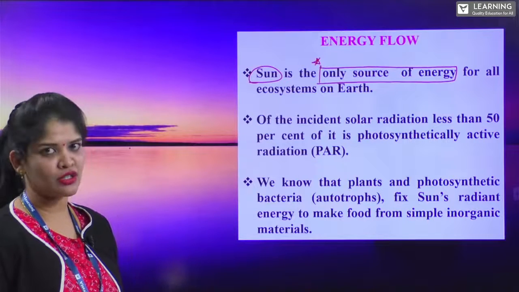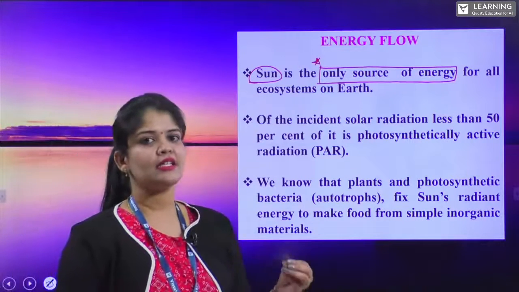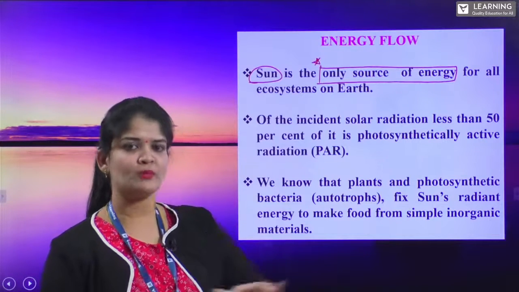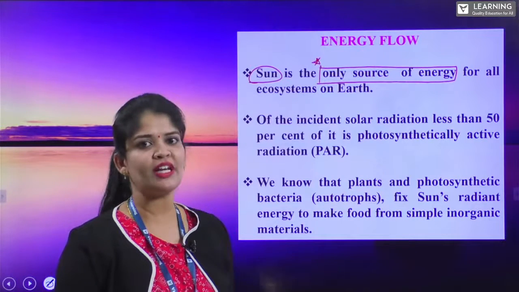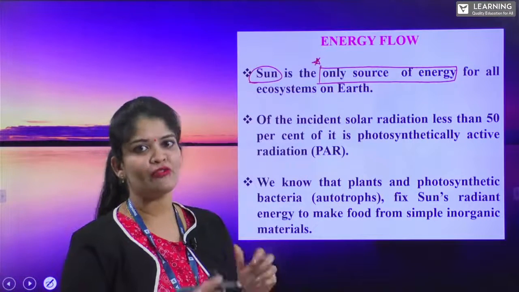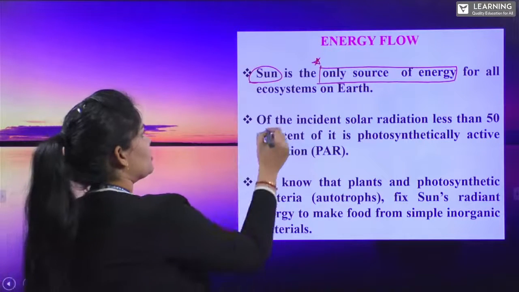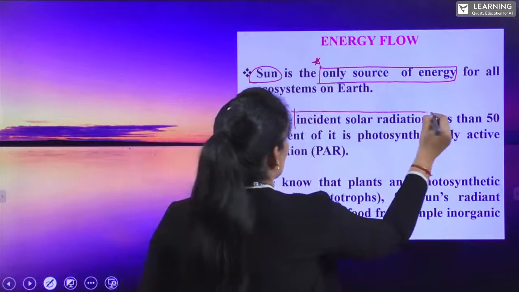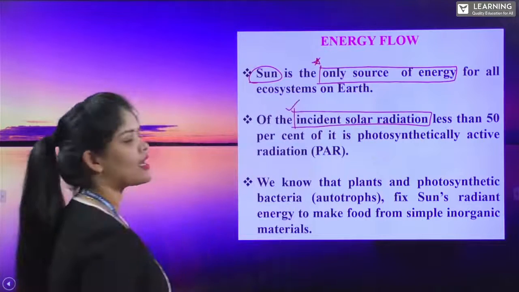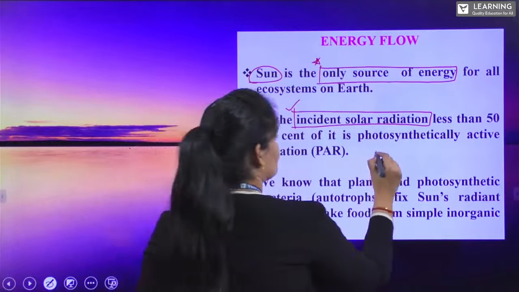That means terrestrial ecosystems. What about the aquatic ecosystem, in the very deep bottom layers of the ocean, where we don't get any light energy? There the energy comes from thermal energy, heat. So here, of the incident solar radiation, less than 50% is fixed by the plants.